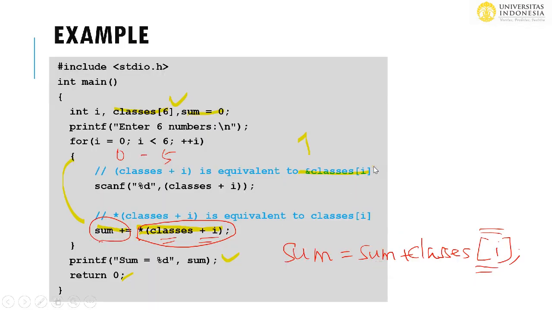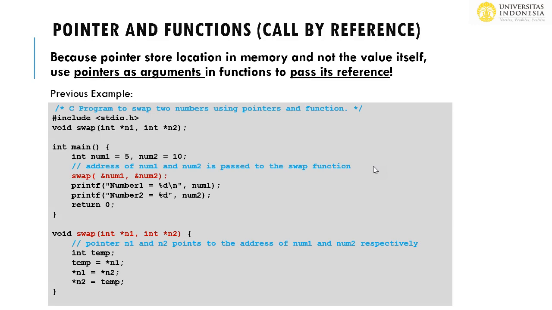But if the data is very dynamic, you don't know the exact number of the data. It can be small, it can be large, or it depends on the needs of maybe the user. Then it's better to use pointers directly. Okay, now let's move on to how pointers are used in functions by calling them by reference.